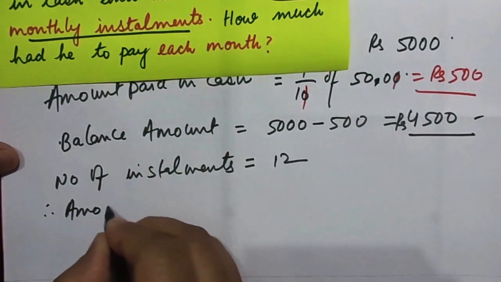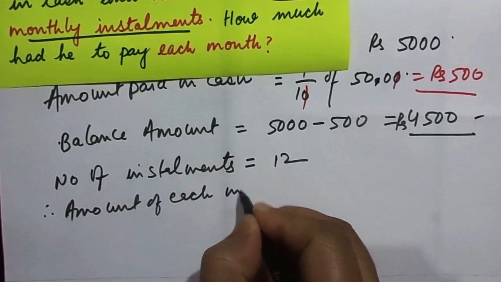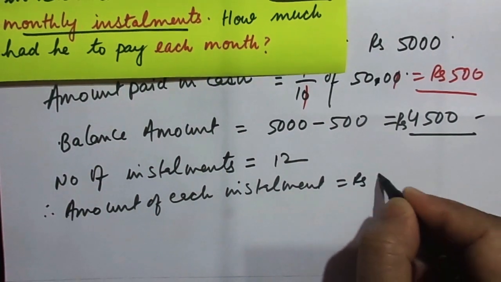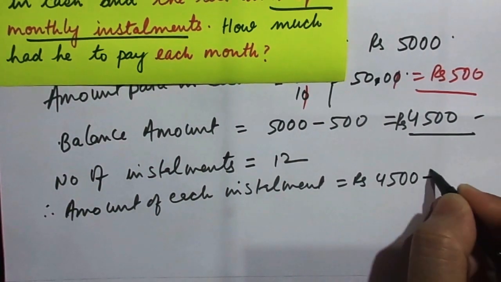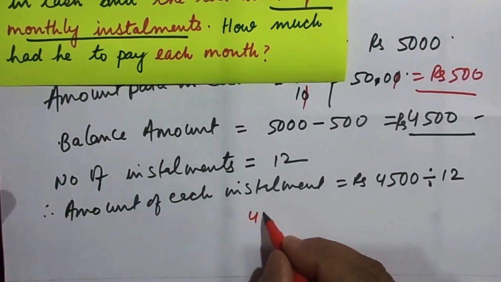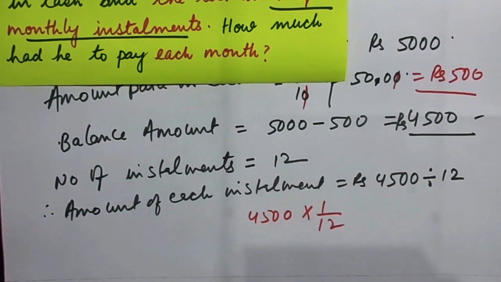Therefore amount of each installment will be equal to rupees 4500 divided by 12, or 4500 multiplied by 1 by 12, isn't it?